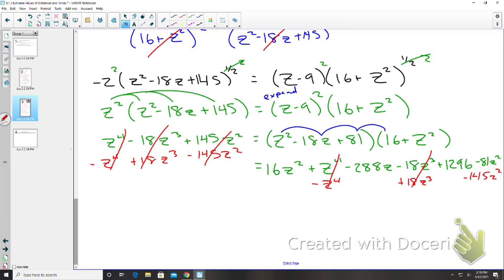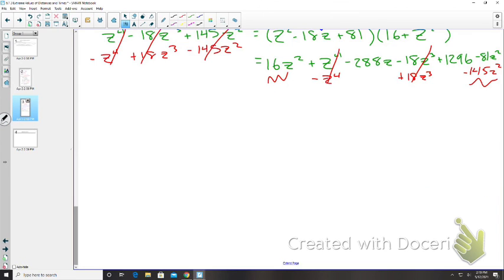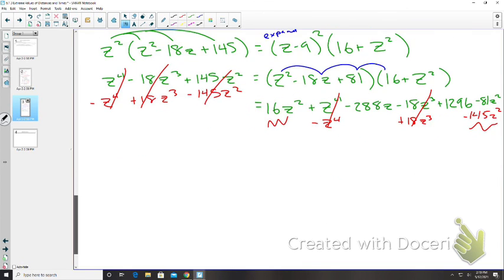Okay, so we have a z squared here, and we have a z squared over here. So our final z squared, we're going to have, so now this whole side is equal to 0, is equal to negative 48z squared minus 288z plus 1296.